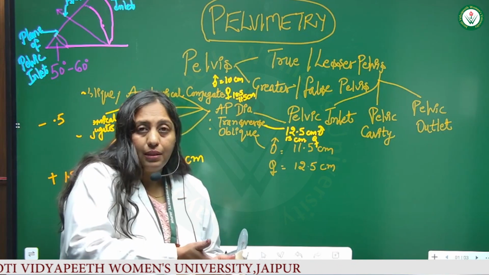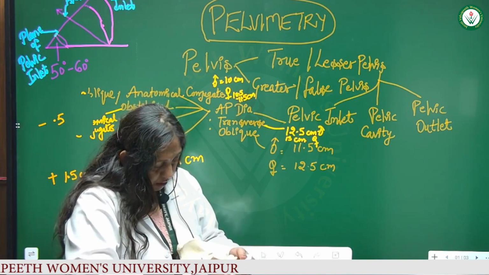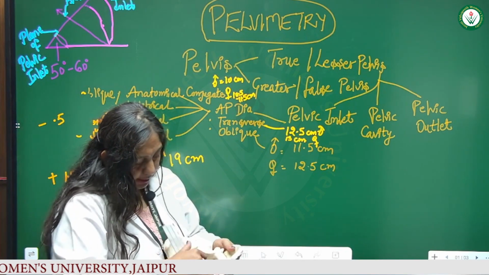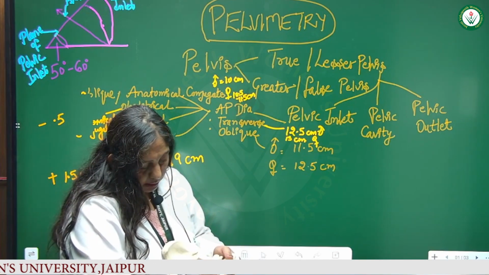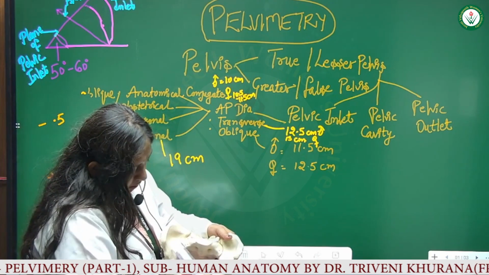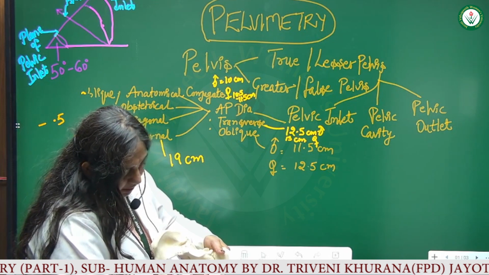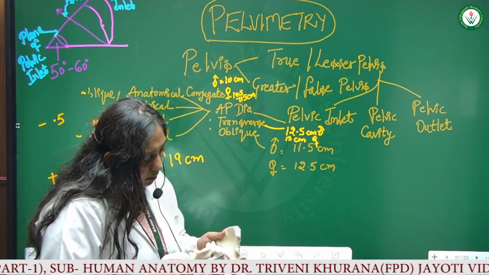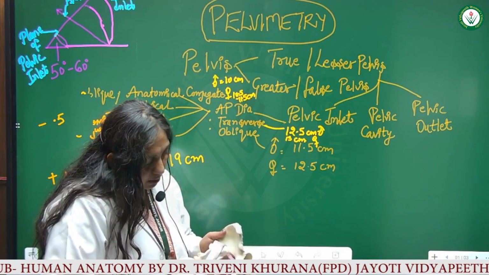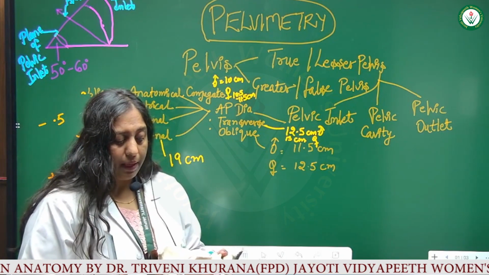So this is the oblique diameter of our pelvic inlet, and when we measure this distance, putting the scale on the right SI joint up to the left iliopubic eminence, it is approximately 12 centimeters. This is measured approximately 12 centimeters on both sides. You can measure both sides. So we have 12 centimeters as the oblique diameter in our pelvic inlet.